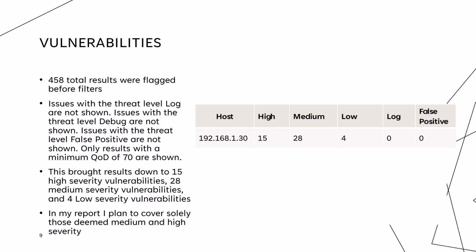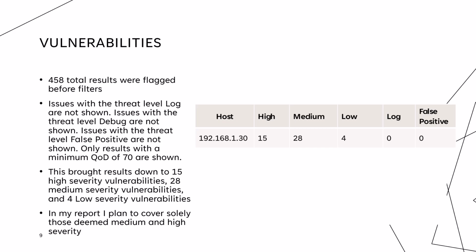So here I'm going to cover the findings of my report and break them down to get a grasp of the key insights discovered from them. There were a total of 458 detected results flagged before filters.